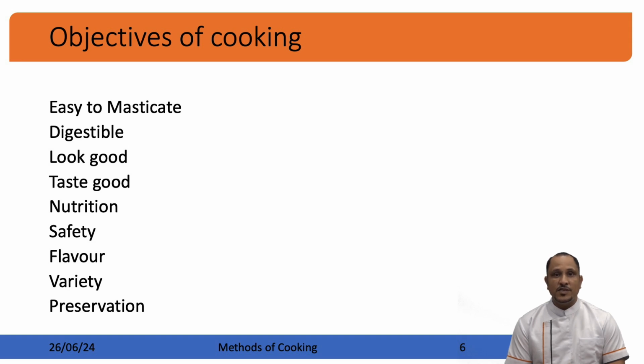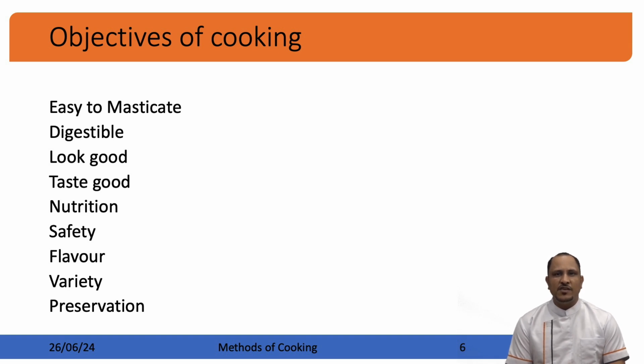Okay. Nutrition: when we cook we combine different nutrients in the food to make it more nutritious. To make the food safe: when food is heated to a certain temperature, the harmful microorganisms are destroyed and food becomes safe to eat.